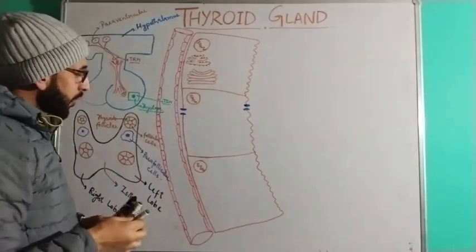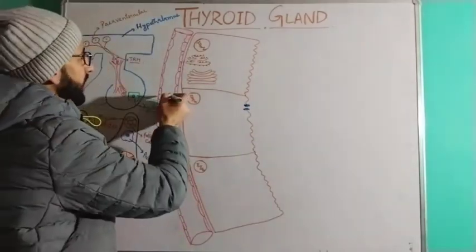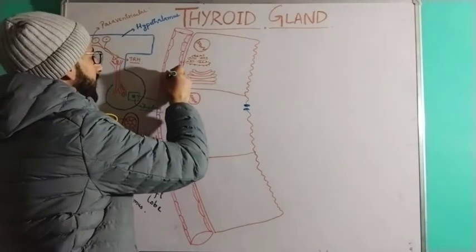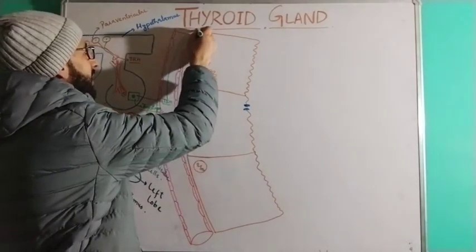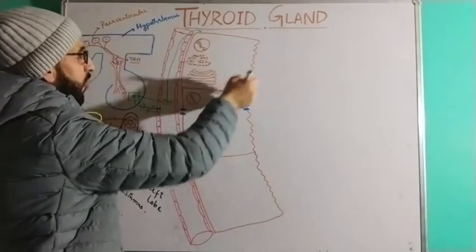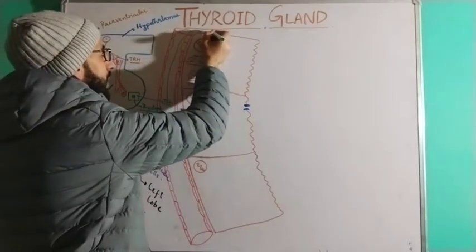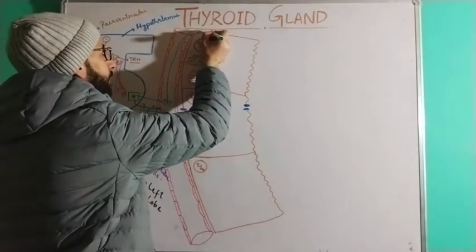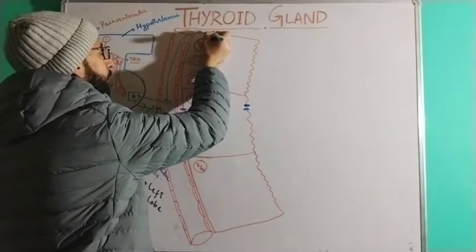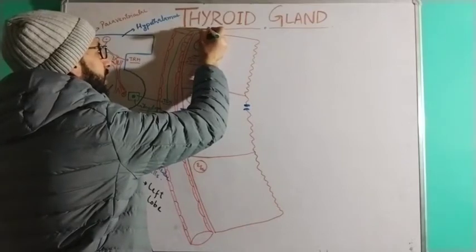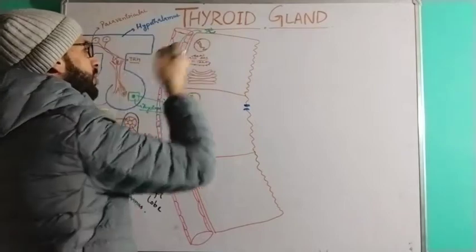Now what this thyroid stimulating hormone will do is go through the circulation and act on this thyroid follicular cell. Here is the hormone, the thyroid stimulating hormone, and it will bind to this receptor, which is specific for thyroid stimulating hormone.